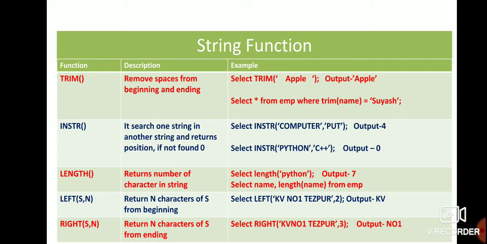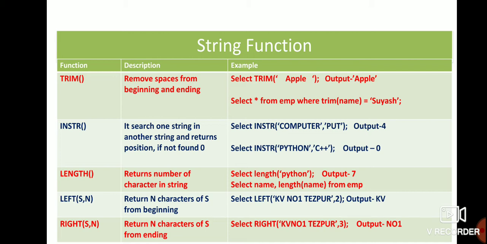Okay, next is instr. What do you mean by instr? It searches one string in another string and returns the position, if not found 0. Like see, select instr computer comma put. So what will be the output of it? 4. Understand properly: it searches one string in another string and returns position, if not found 0.